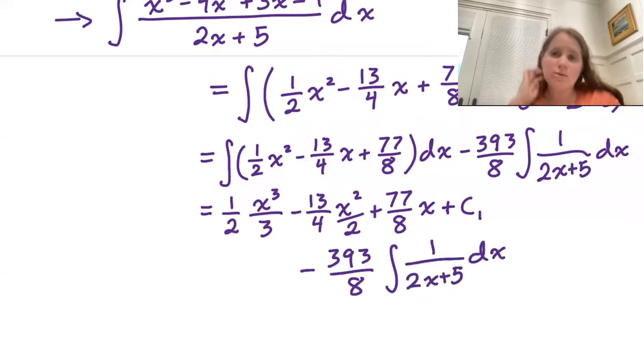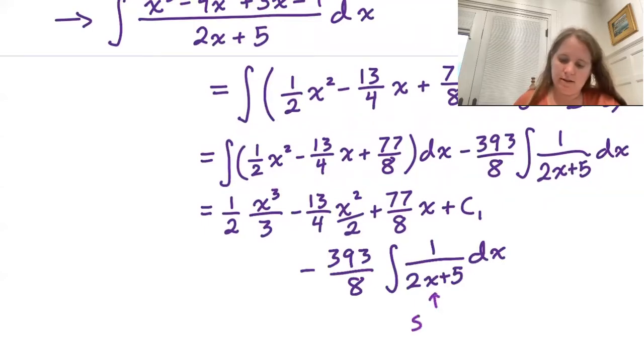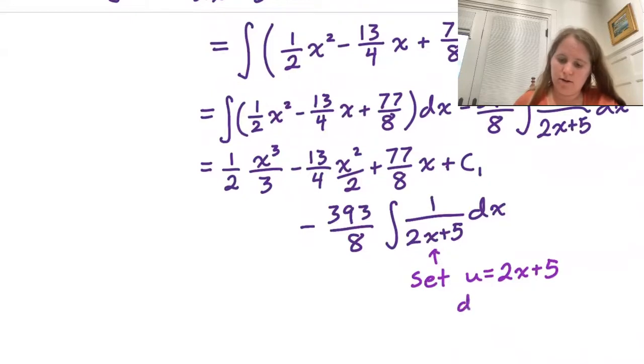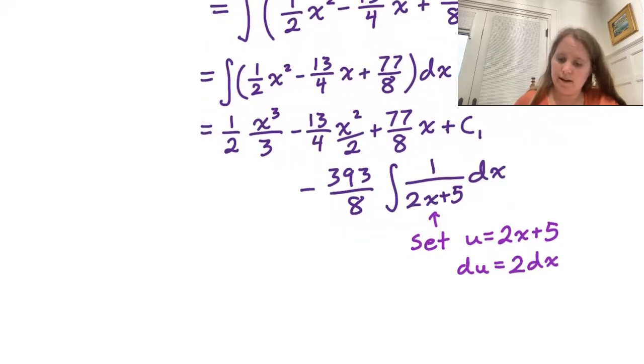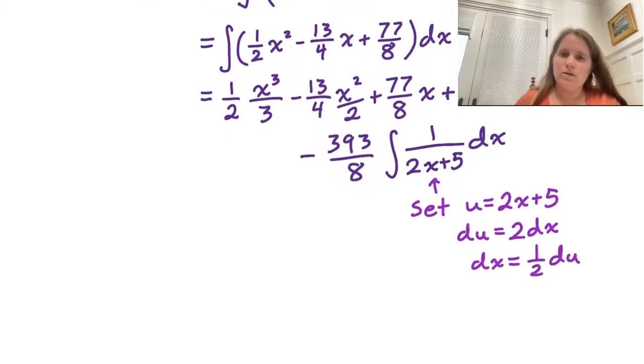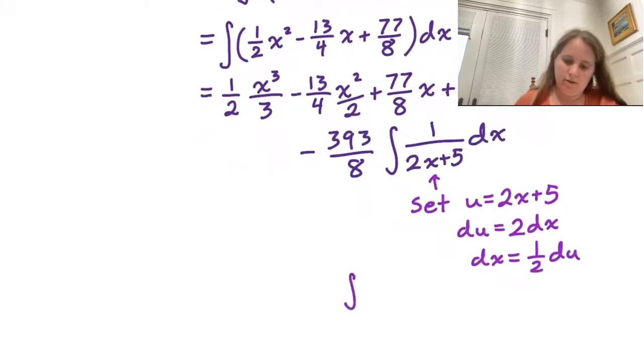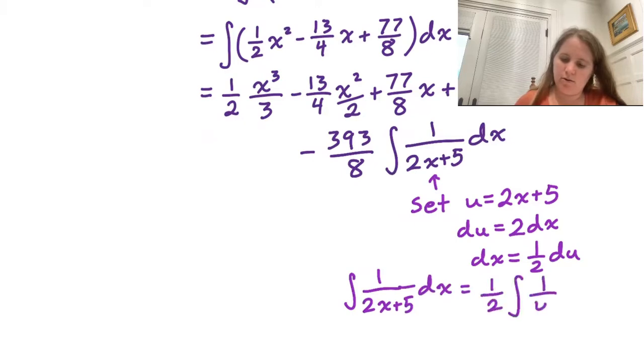For this integral, we might as well use u substitution. So we will go ahead and set u equal to 2x plus 5. And we therefore have du is equal to 2 dx, or dx equals 1/2 du. So we have the integral of 1/(2x plus 5) dx is just 1/2 the integral of 1/u du.